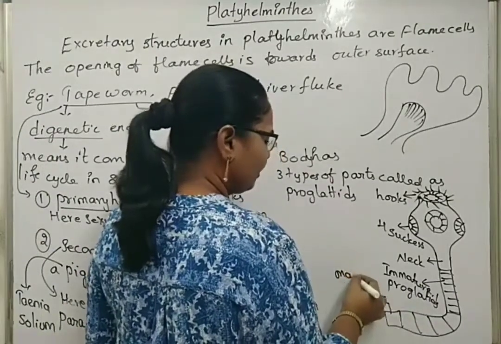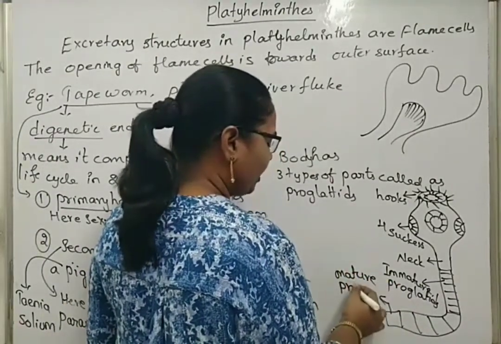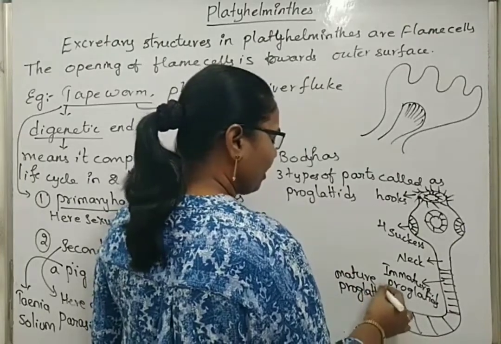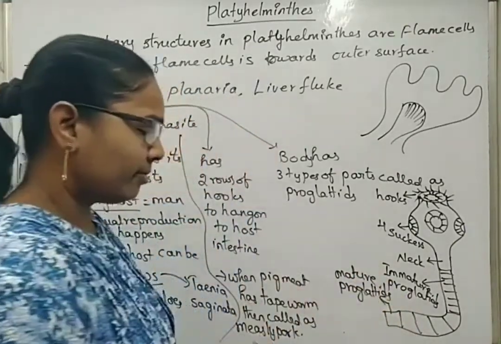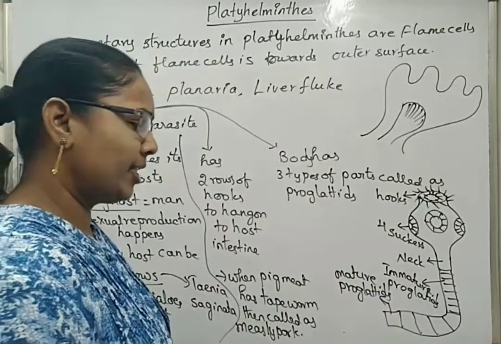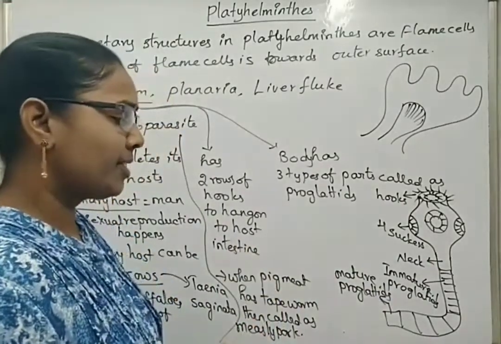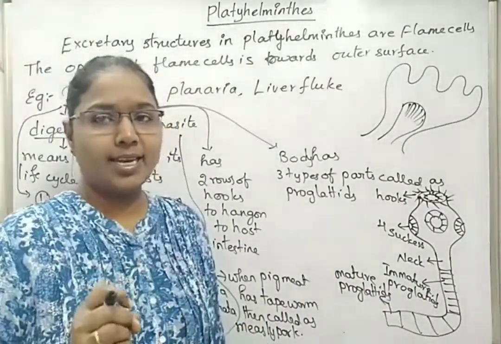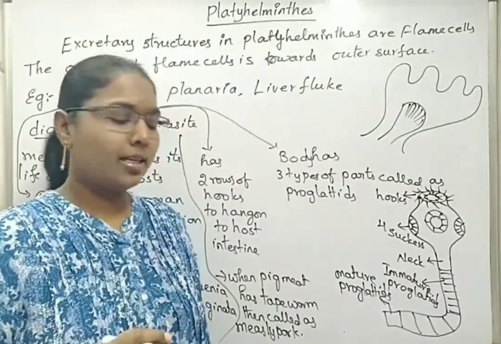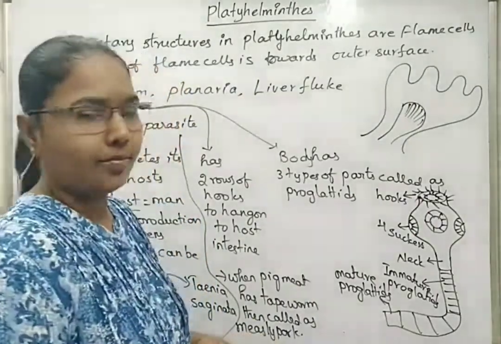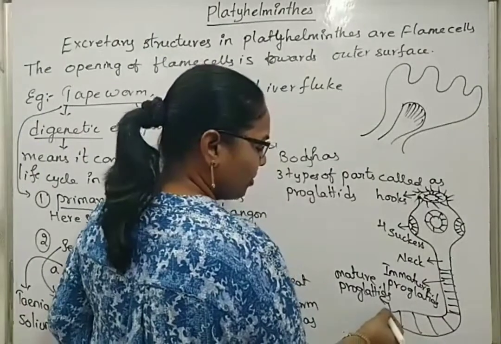These are mature proglottids, where reproduction and fertilization happen, and two types of larvae are seen: the oncospore or hexacanth larva, and the cysticercus or plerocercoid larva.